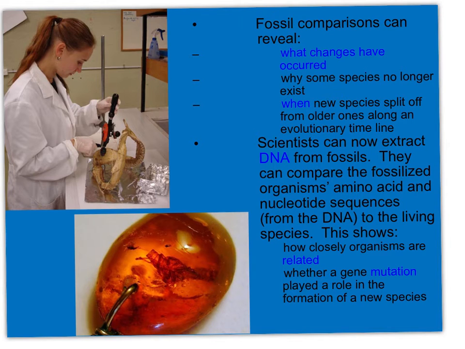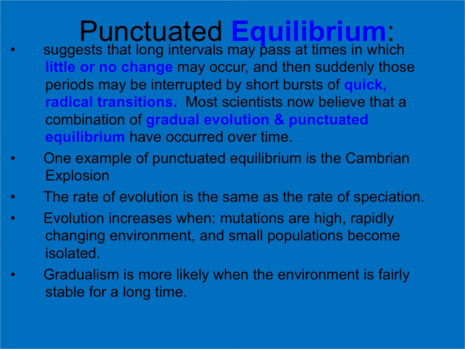You can actually extract the DNA from fossils now. And so they can use fossilized DNA to compare to currently living things. And they can also see if a gene mutation was present and if that is what caused speciation. So lots of great technology available.